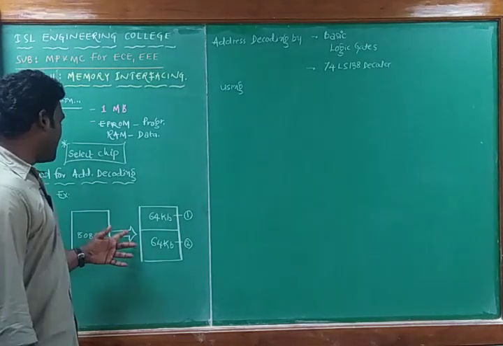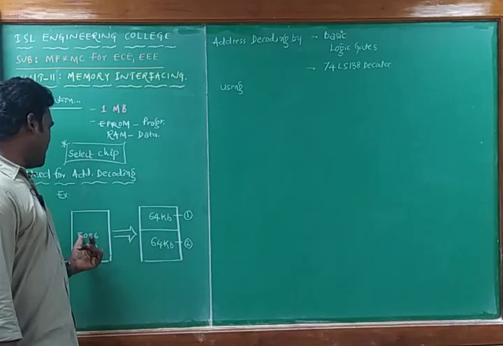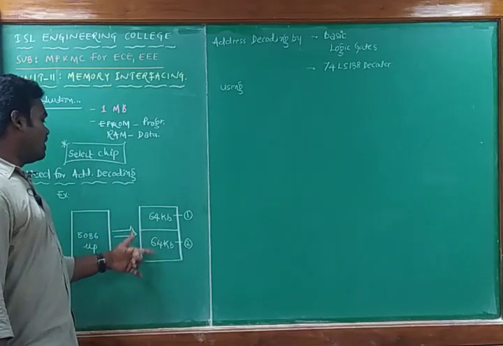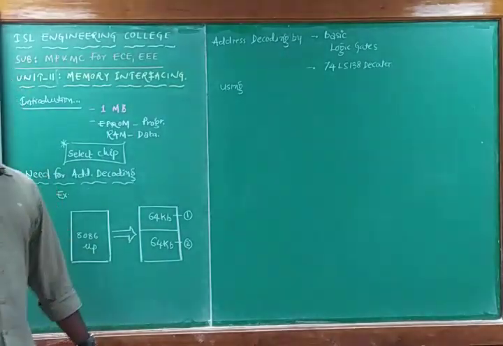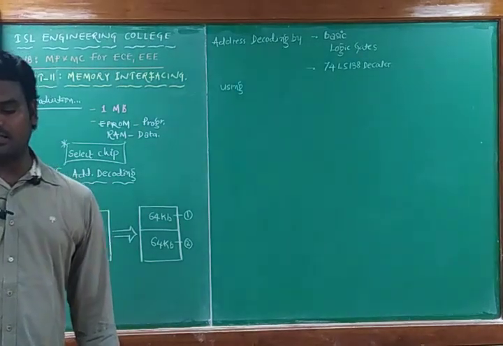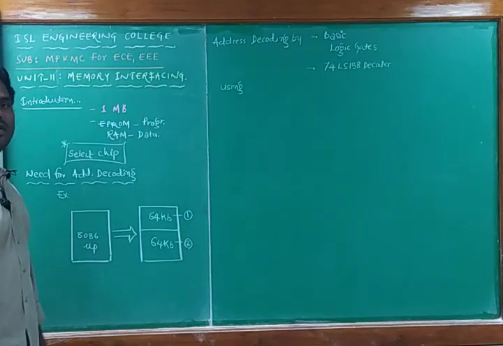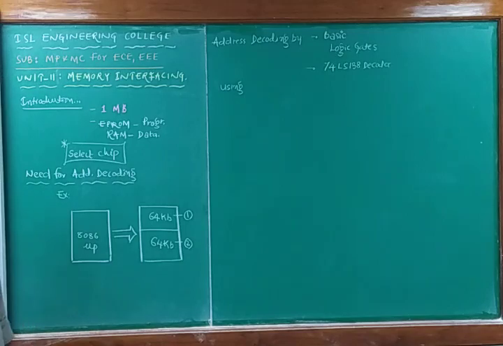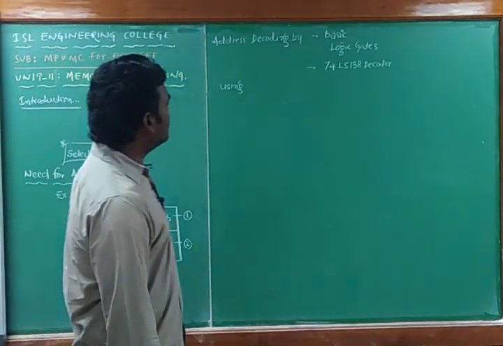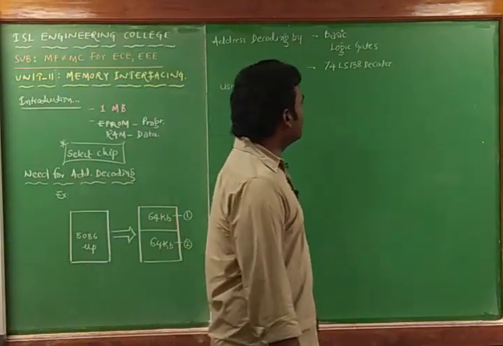Depending upon the address sent by the 8086 microprocessor, any one of these two memory devices can be selected. Likewise, you can go with the selection of the memory devices if more than one memory device is communicating with the 8086 microprocessor. Then this address decoding can be achieved in two ways.